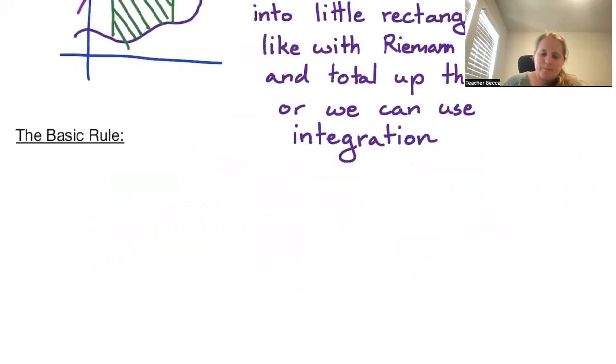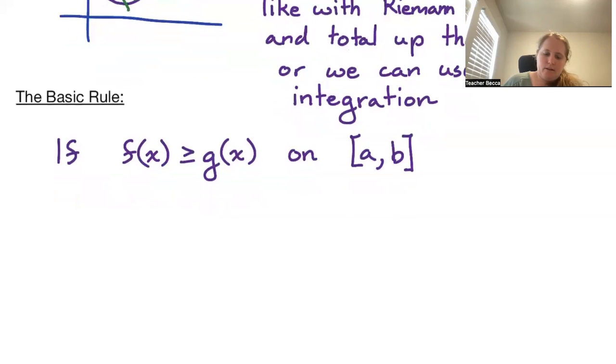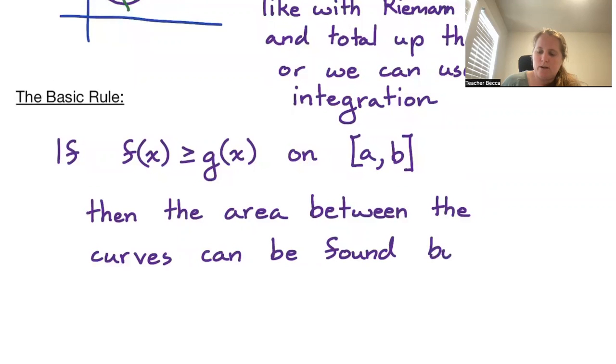So the basic rule is if f of x is greater than or equal to g of x on the closed interval from a to b, then the area between the curves can be found by integrating the difference.